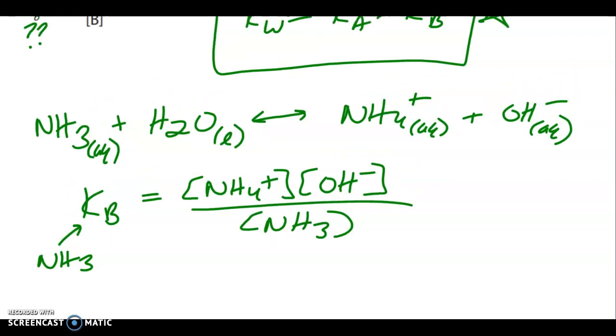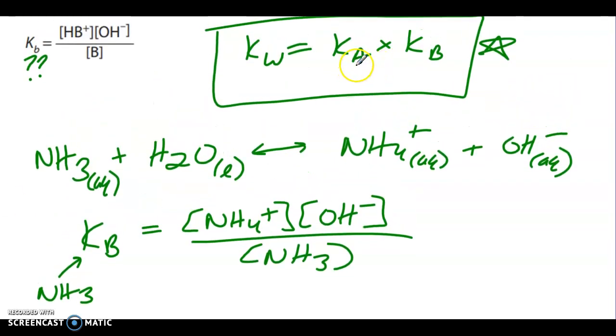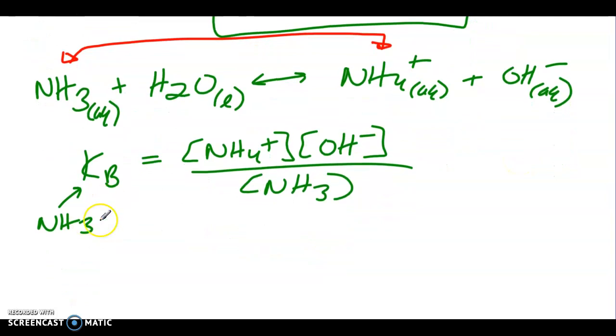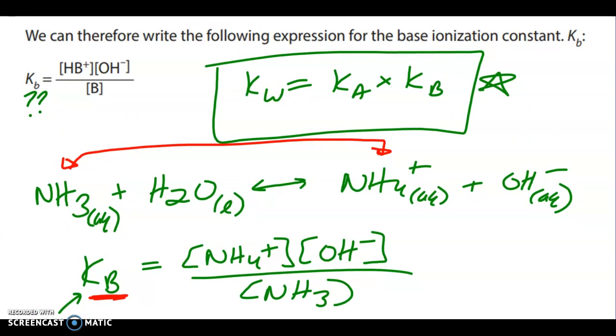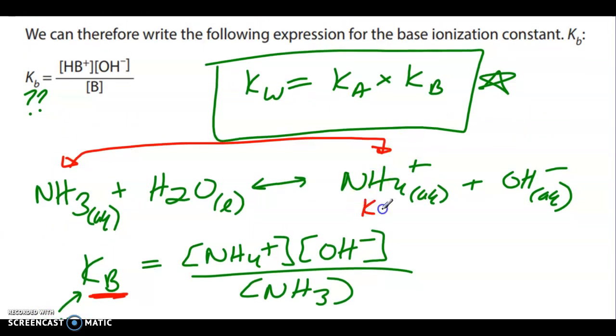However, we do have the Ka value of its conjugate. Just to remind you, the conjugate pairing for this question would be ammonia with ammonium, and then of course water with hydroxide. So when you're dealing with this, if you had to get this Kb value, what you would have to do is get the Ka value of its conjugate to determine it using this relationship.